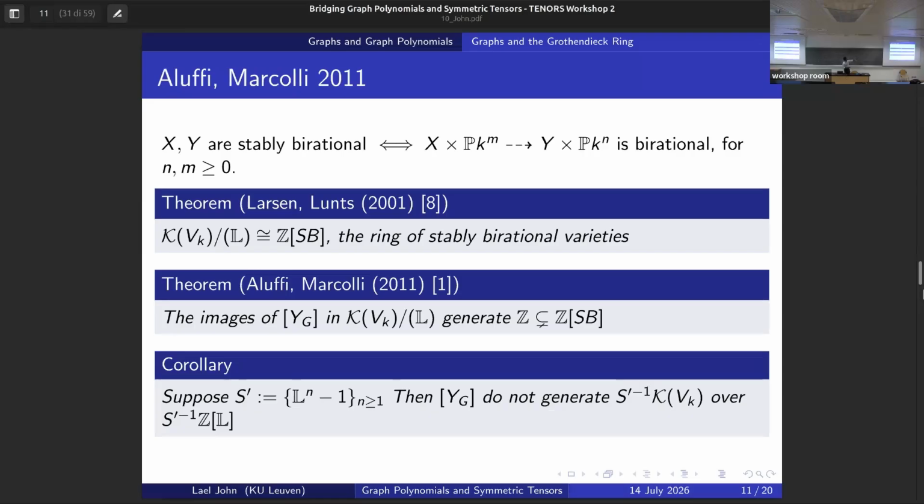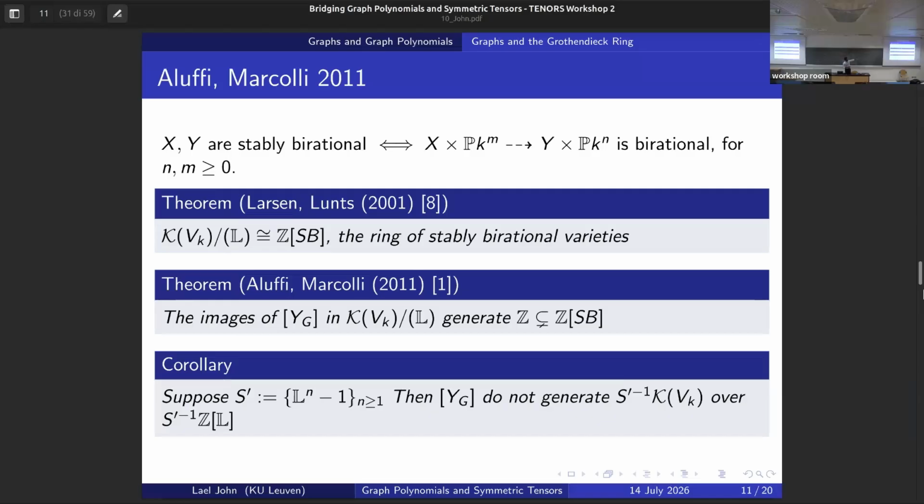So in 2001, Larsen and Lunts showed that if I mod out by the ideal generated by the Lefschetz motive, suddenly I have an isomorphism with the ring of stably birational varieties. And then Aluffi and Marcolli in 2011 show that if we take the Grothendieck ring and mod out by the ideal generated by the Lefschetz motive, suddenly these graph polynomials don't really matter. You only get the integers in this specific ring. So clearly this Lefschetz motive matters.